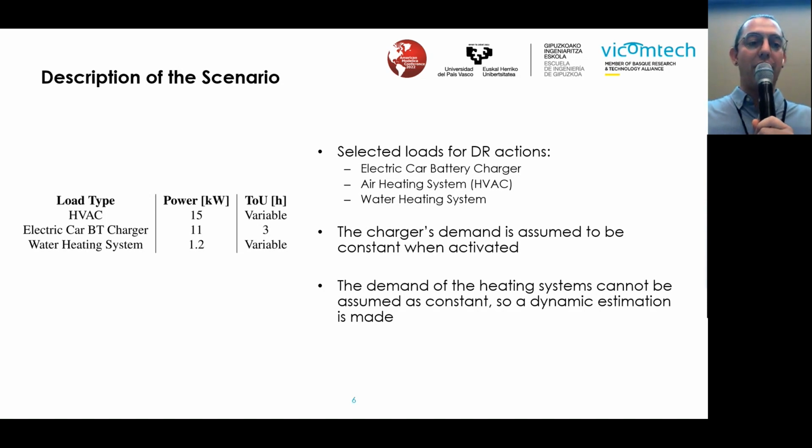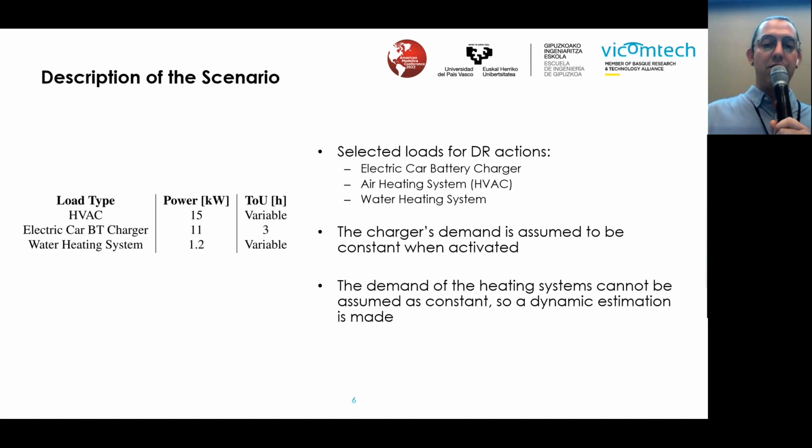And the electric car battery charger has been assumed to have a total time of use of 3 hours and 11 kilowatts, basically because of lack of information on how the battery charger functions and no monitoring.